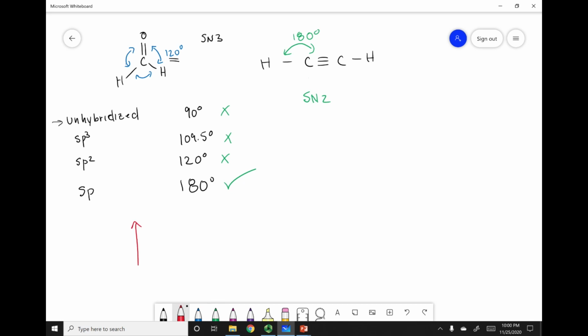So how does this work? Well, I'm going to take an s orbital, and then I have my p orbitals, but this time I'm only going to use an s and a p orbital.